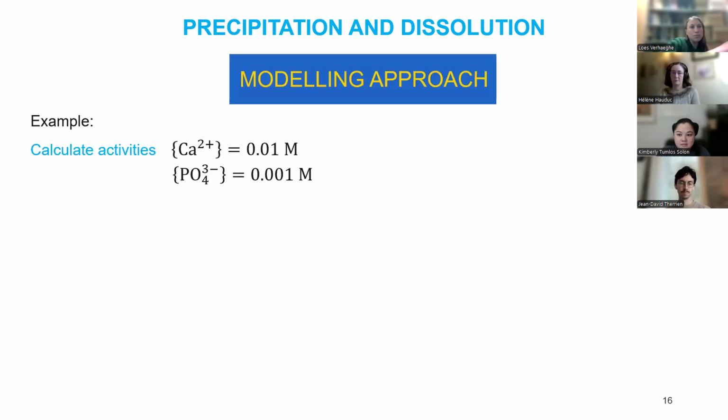So as an example of the modeling approach for precipitation and dissolution, let's take calcium phosphate. First we calculate the activities, which are calculated from the aqueous phase chemistry. So we calculate the activities of the individual species, the calcium and the phosphate.